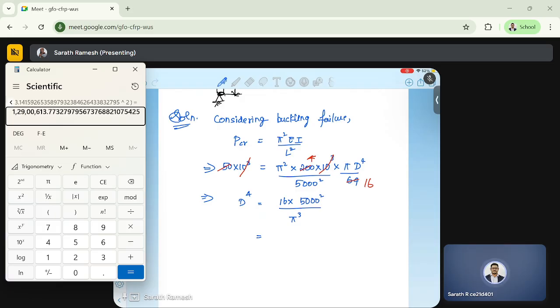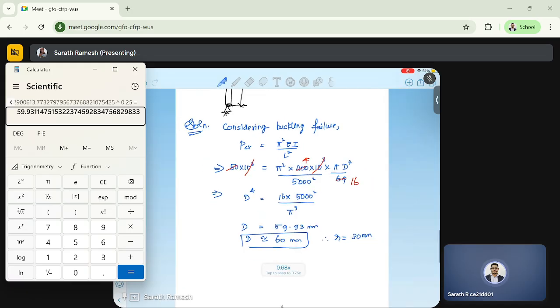The whole power 1 by 4, so 0.25. Okay, so I'm getting around 59.93 mm. So let's say 60 mm dia. So radius will be 30 mm.